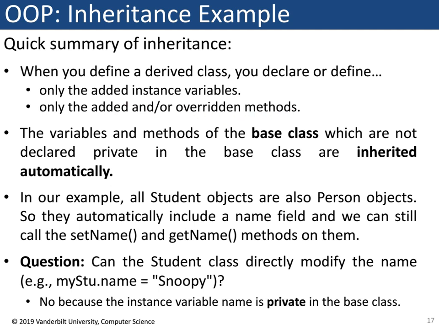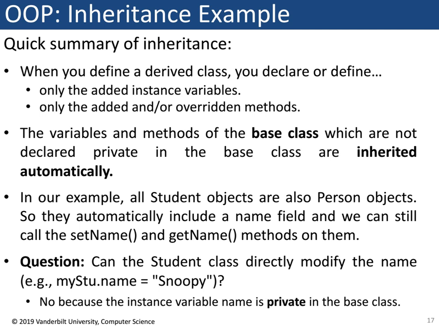So just like we override the default methods which Java gives to any object, we can also override any of the methods which are a part of a base class. The variables and methods of the base class which aren't declared private are inherited automatically by this new derived class.